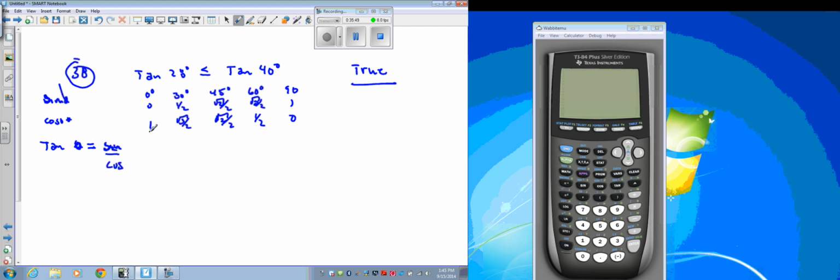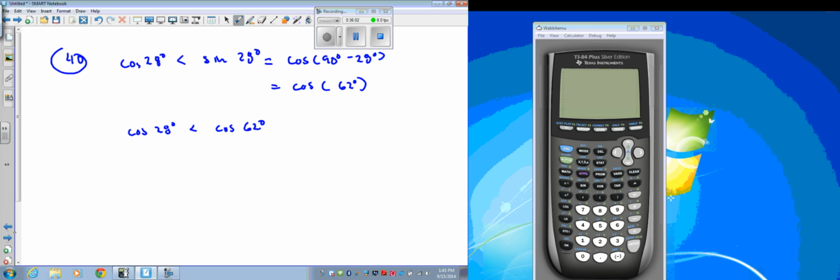Cosine starts out at 1, decreases down to 0. So the larger the angle, the smaller the cosine, right? Is that right? So if you look at this then, this angle is smaller than that angle, so the value of this should be what? Greater than that. So that's a false statement.